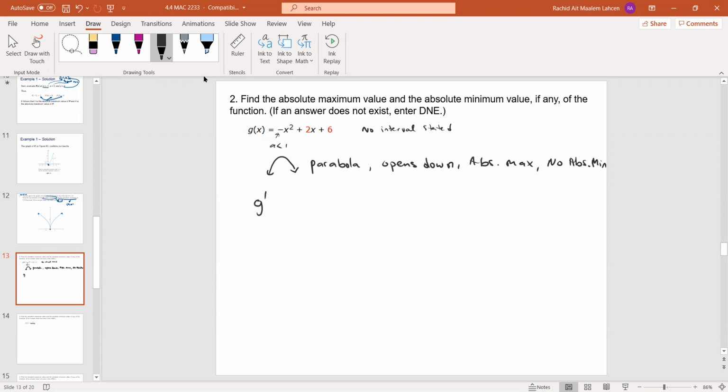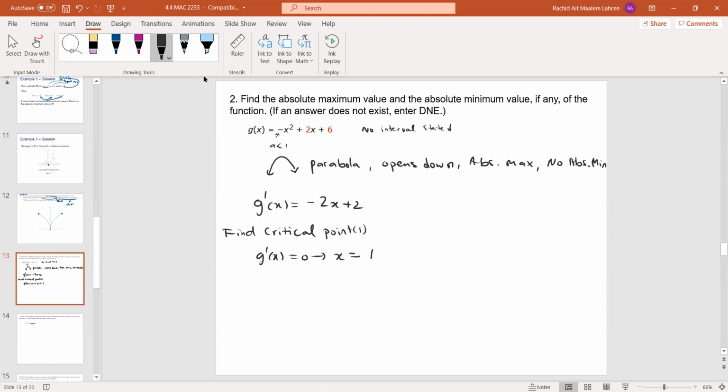So the process is, let's find the first derivative. It's going to be -2x plus 2, and we need to find some critical points. We set the derivative to 0, and we get x equals 1. That's where that maximum is going to happen.